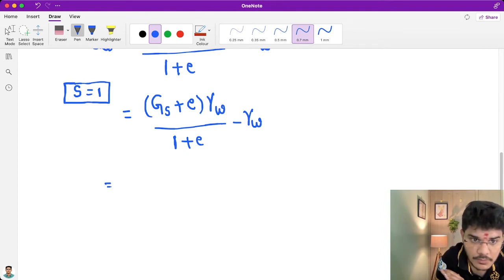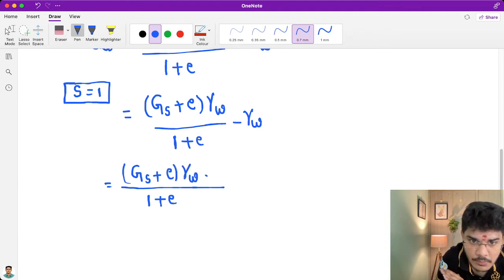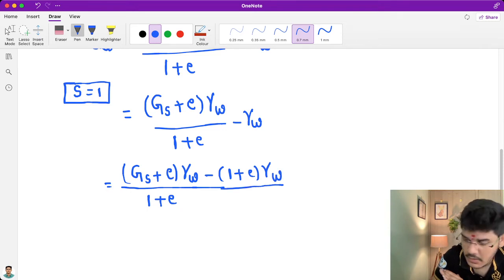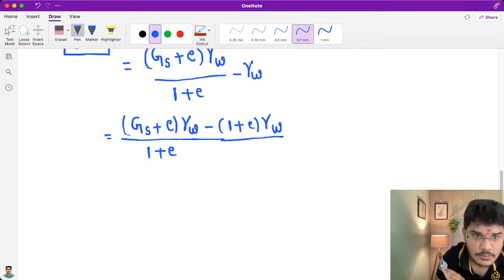So here if you take the LCM, 1 plus e will be present. This will not change. G plus e into gamma W minus (1 plus e) into gamma W. So this gamma W will be the common thing, so I am taking it out.